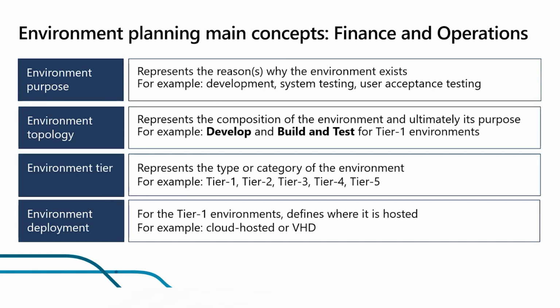And regardless of the tiers, or the topology, or the purpose, you would choose a deployment strategy, for example, cloud hosted or VHD, for deploying your environment. For example, for tier 1 it defines where exactly it is hosted, whether cloud hosted or VHD. So understanding these major concepts is important for environment planning.